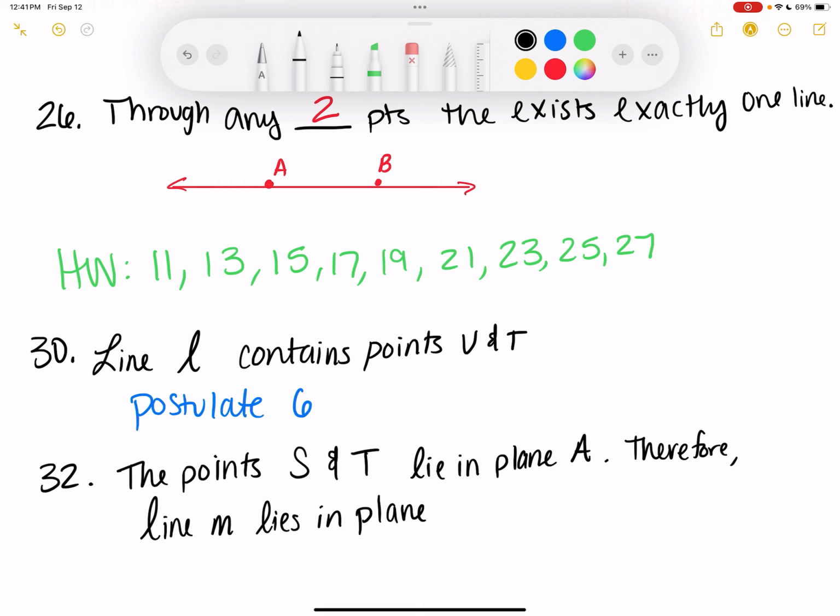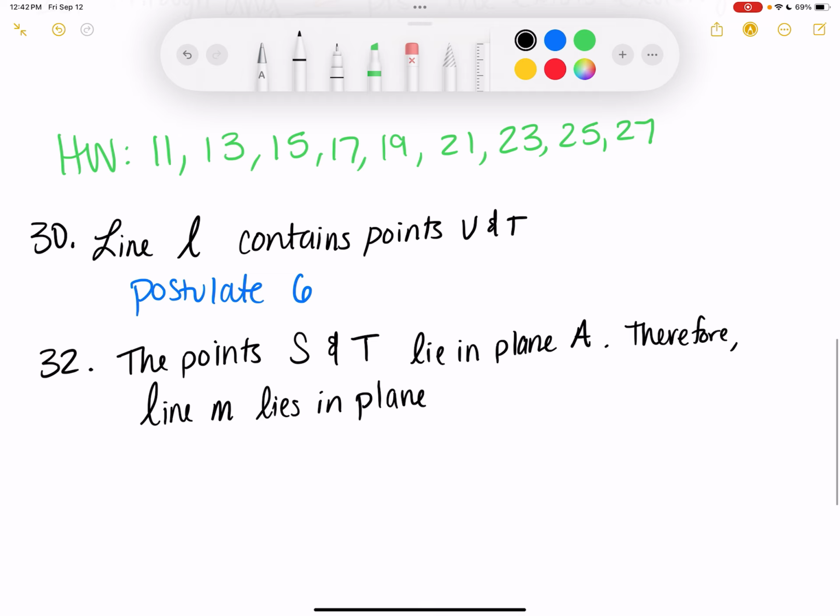Yes. Are we in section 2.1? Yes. All right, so which postulate goes with that? Postulate 10 says if 2 points lie in a plane, then the line containing them lies in the plane.